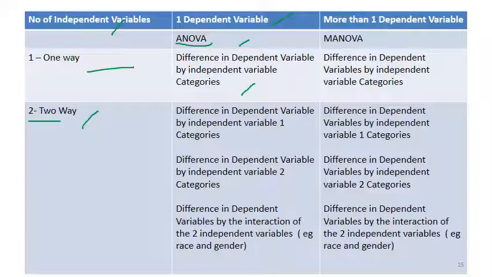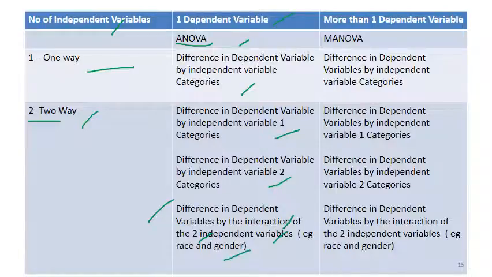Now in a two-way ANOVA, we are looking at the difference in the dependent variable by independent variable 1 categories, the difference in the dependent variable by independent variable 2 categories, and there is an added hypothesis that we need to check, whereby we will have to look for the interaction of the 2 independent variables.